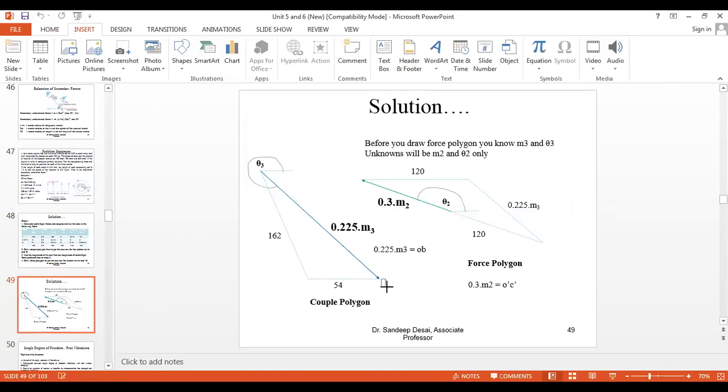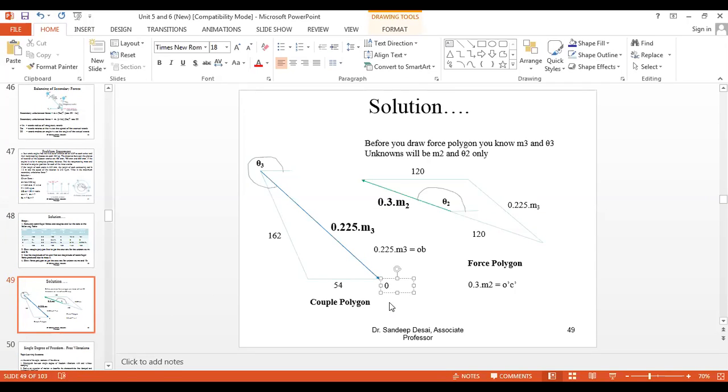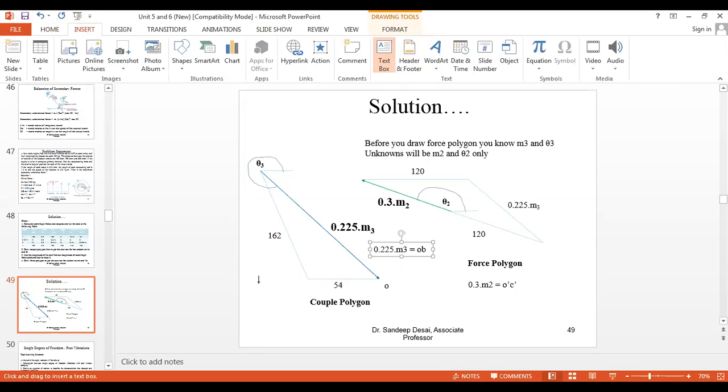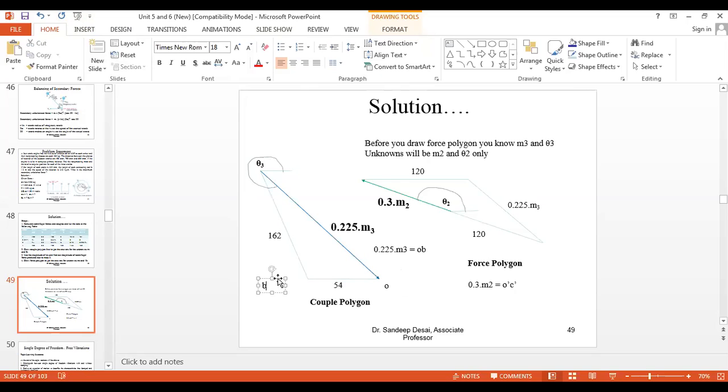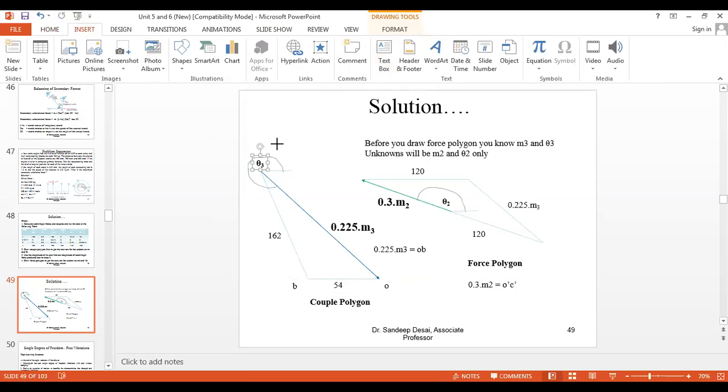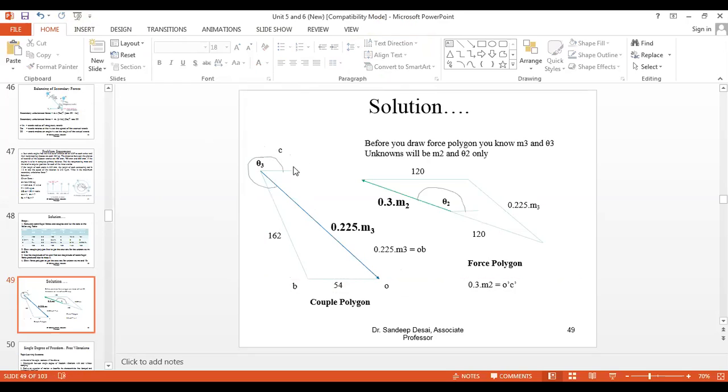Let me label these points, so that you will understand. This is O, this is A, and this is B.